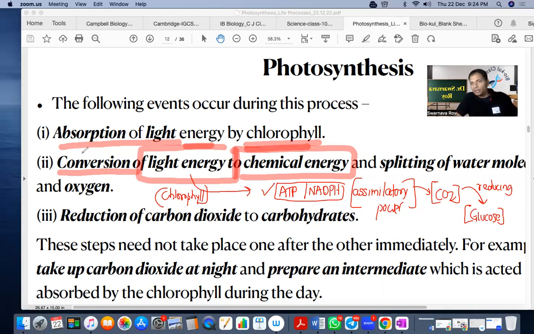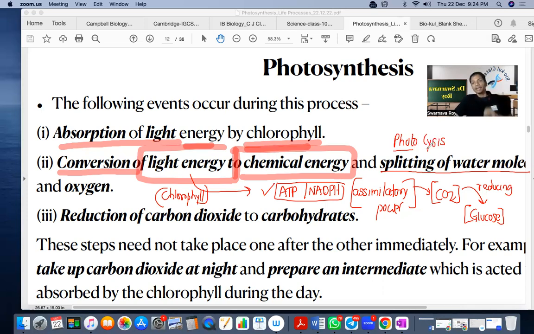Again, there are three steps of photosynthesis. We have the absorption of light by chlorophyll, conversion of the light energy into chemical energy, and then a very important step, the splitting of water molecules, which is called the photolysis of water. Photo means light, lysis means breakdown.